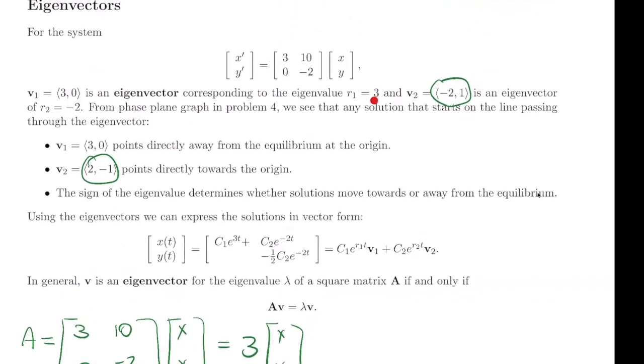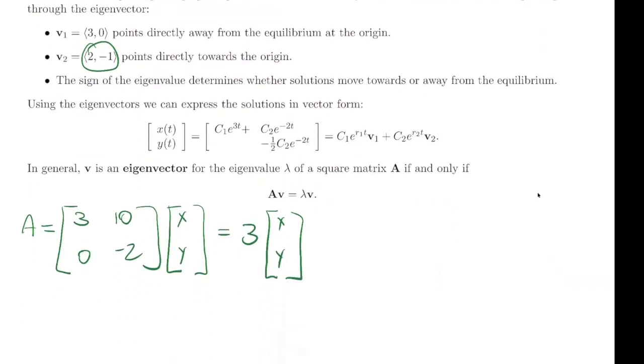That's where the 3 came from here. This vector, I'm going to call it xy, just because v1 and v2 are individual eigenvectors. What I want to do is find this vector xy so that when we multiply that vector by the matrix, it's equivalent to just multiplying that vector by 3.